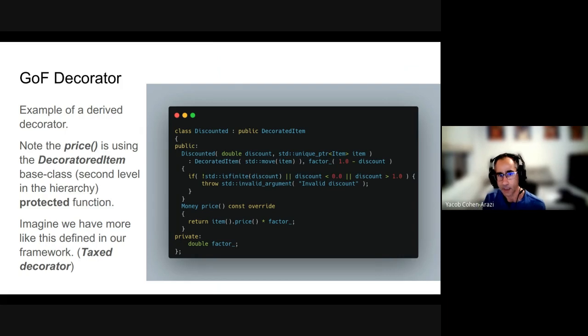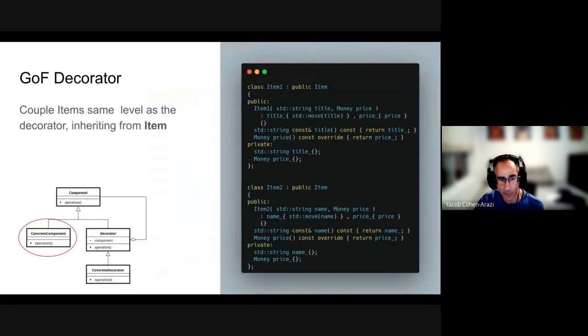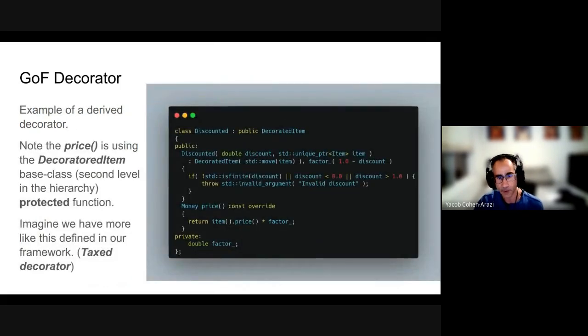Discounted inherits from the decorator. So basically, we are looking at this concrete decorator now. It takes an item and gives it to the decorator, because the decorator holds that. This item can be anything, because we are working at an interface level.